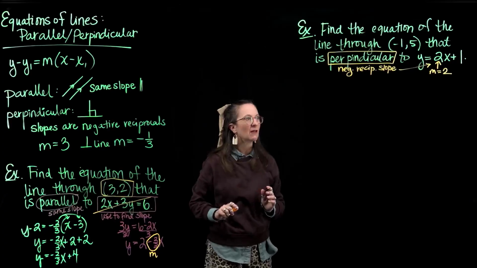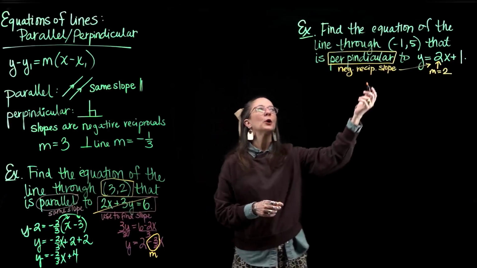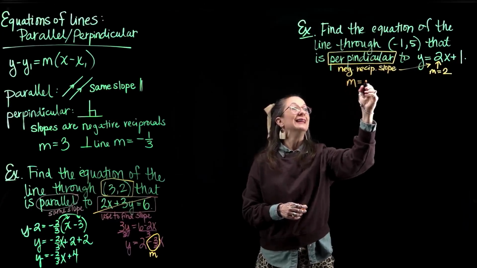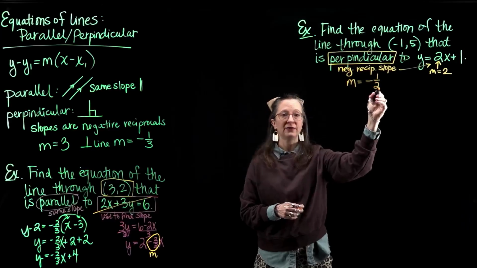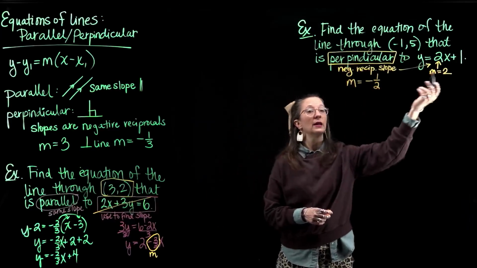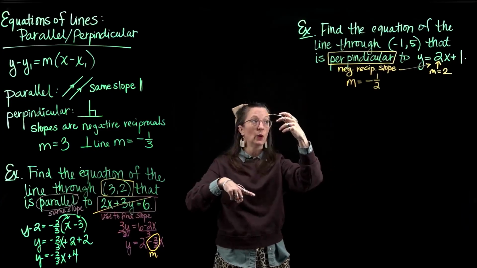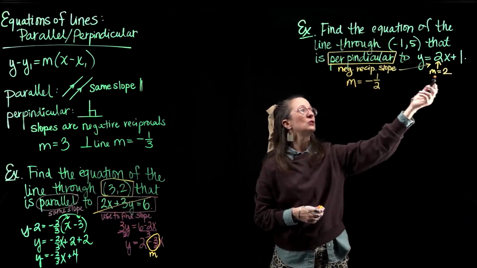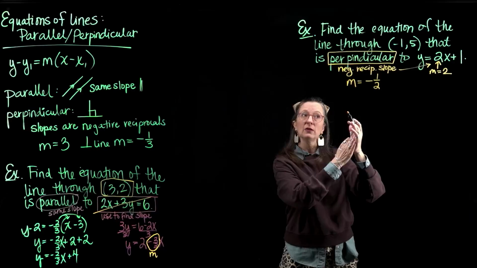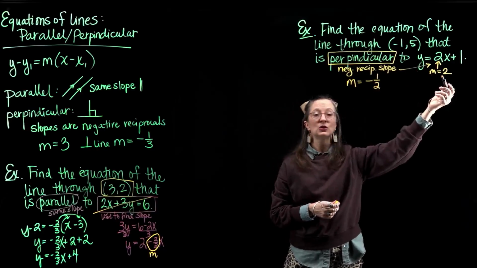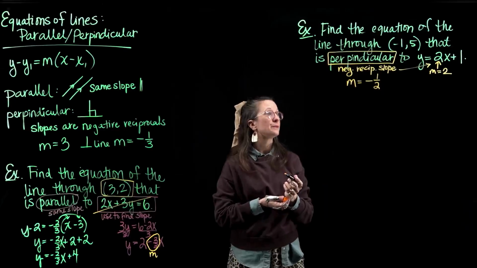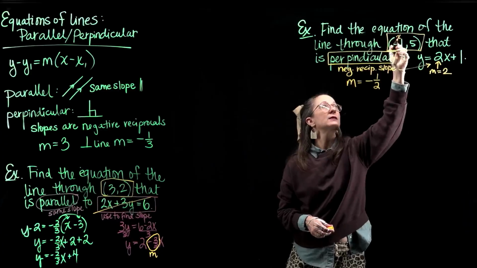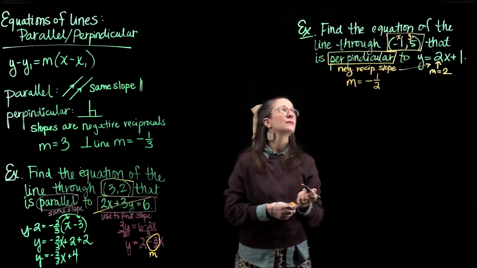We want a perpendicular line. So the line perpendicular is going to have a slope of -1/2. So I took the 2, took the reciprocal to get 1/2, and multiplied by a negative. If I were to take the two slopes and multiply them together, I'd have -1/2 times 2 gives me -1.